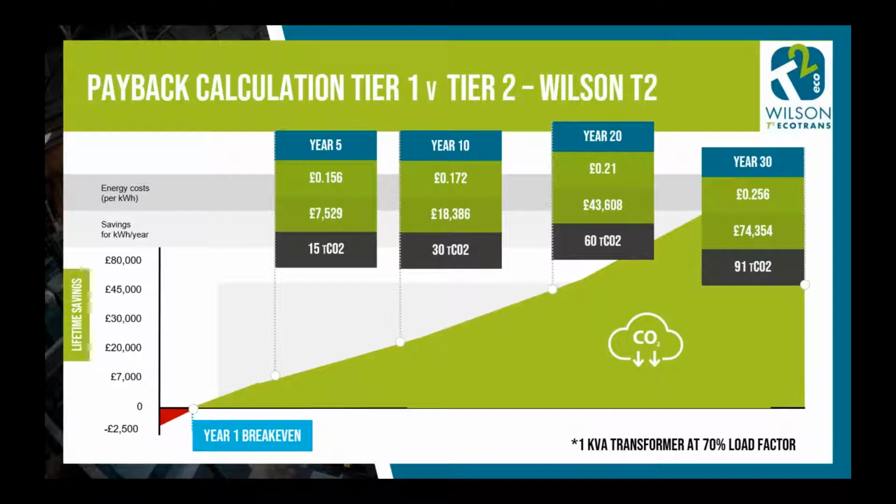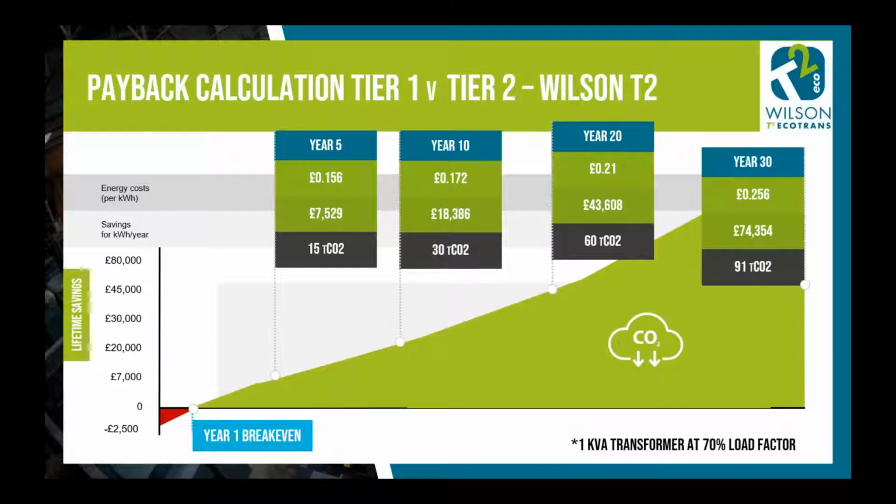So you can see that first of all, the break even will be in a year. And then after 5 years, you would have saved an extra £7,500 and 15 tons of CO2. If we jump on to 20 years, 16 tons of CO2 and £43,600.